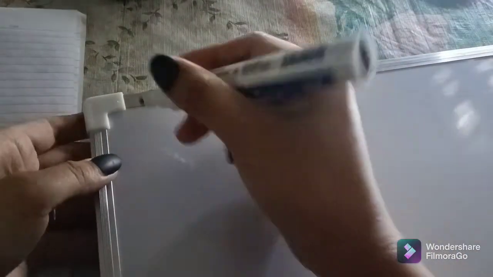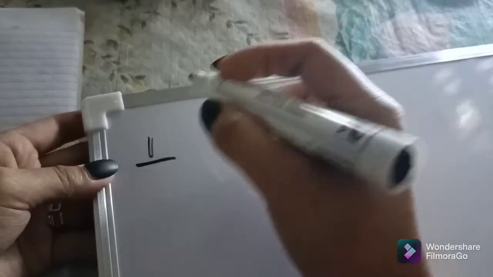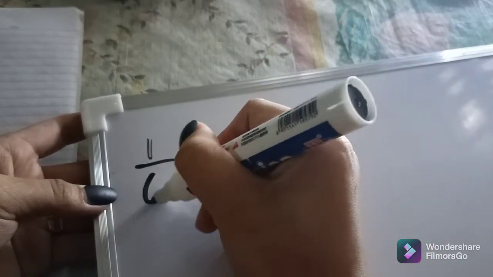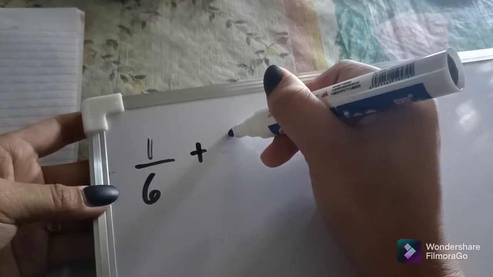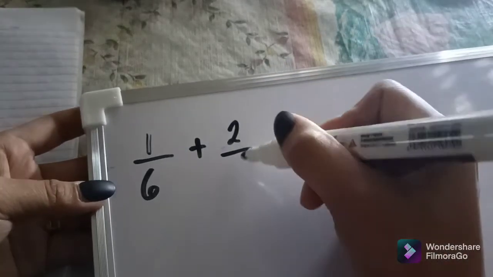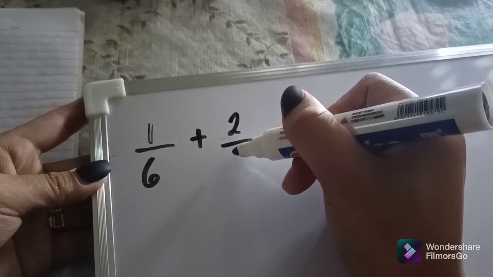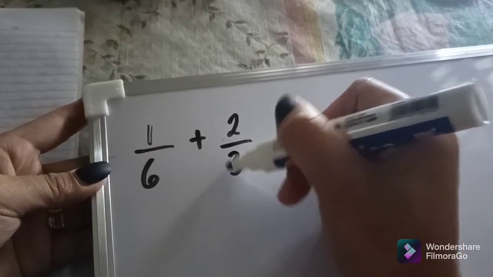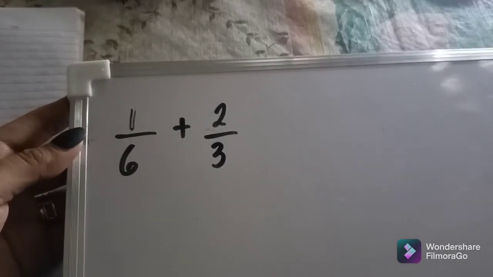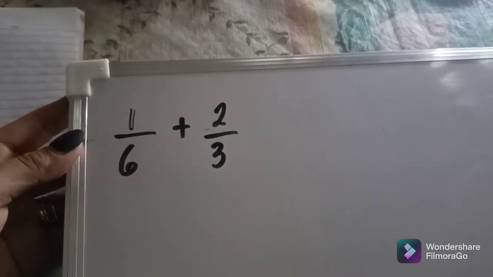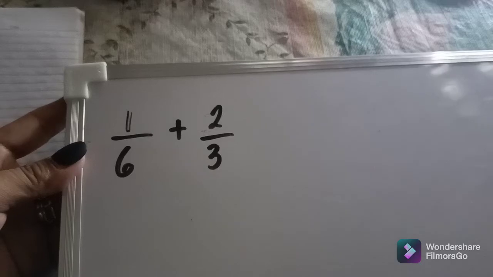Okay. Now, what if the problem is like this? Okay. What if the denominators happen to be different? Okay, so let's say we have here 6 and then we have here, let's say, 3. Okay, so 1/6 plus 2/3. We cannot proceed to just adding these fractions because the denominators are different.